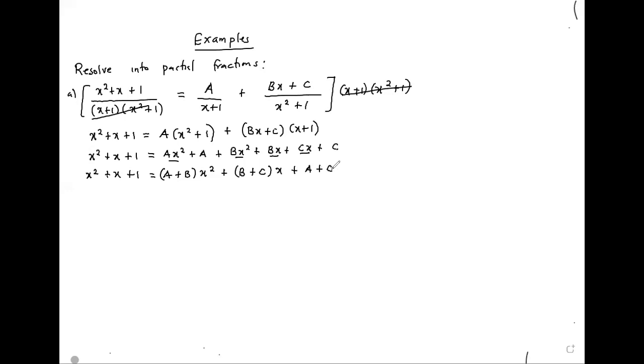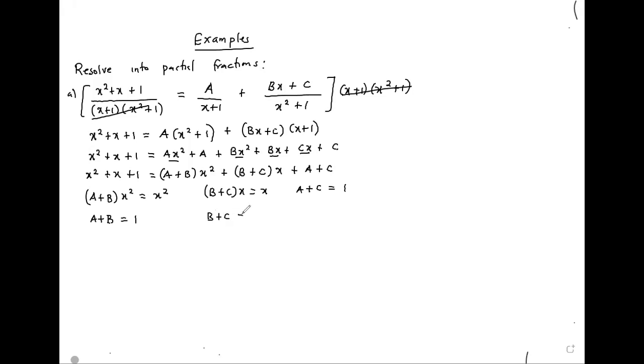If these are equal, then a plus b x squared should be equal to x squared on the left. B plus c x should be equal to x on the left. A plus c should be equal to 1. So now this means that a plus b should be equal to 1. The coefficients must be equal.